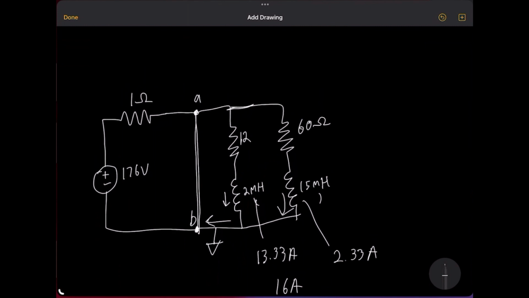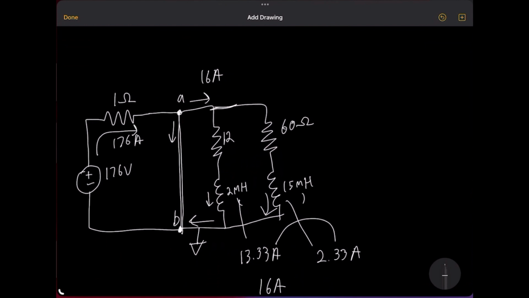Then we have this new circuit on the left, which is just going to be 176 amps. So really, if we want to solve for the equivalent current from A to B going down, we can say that the current up here is 16 amps, because we know that these two put together is going to be 16.